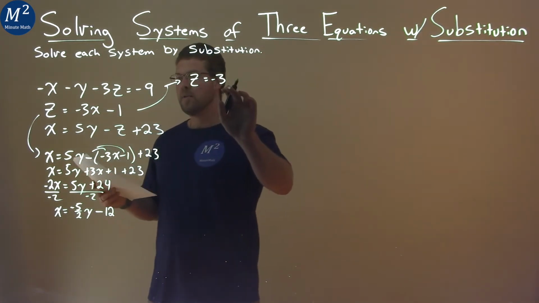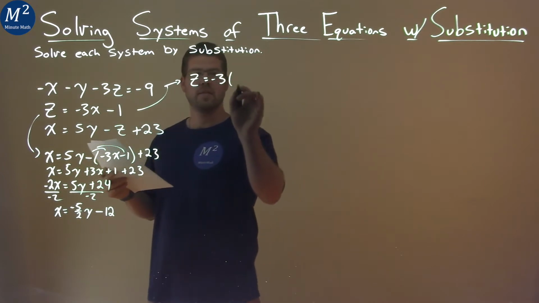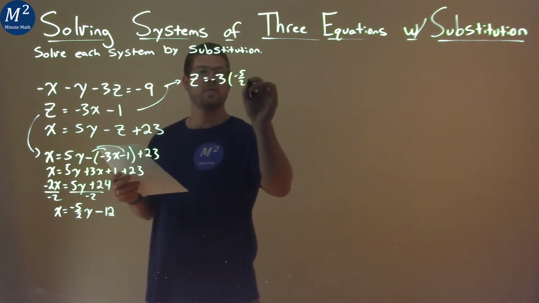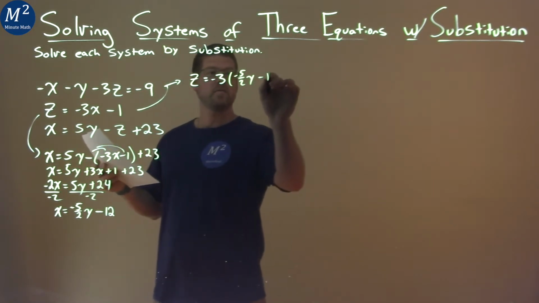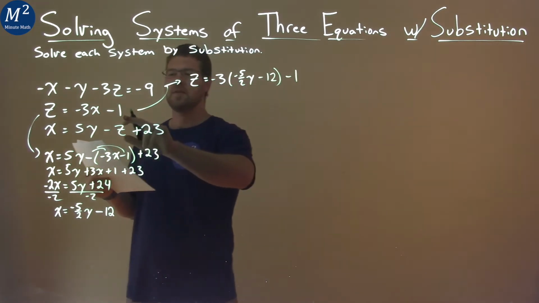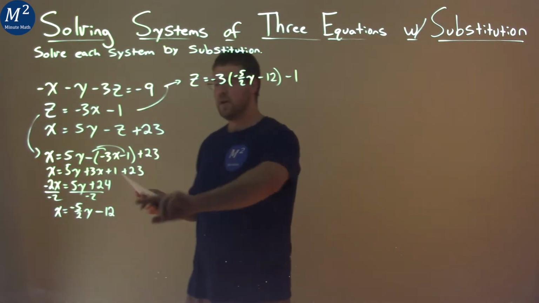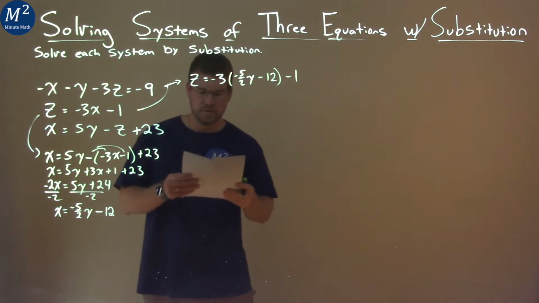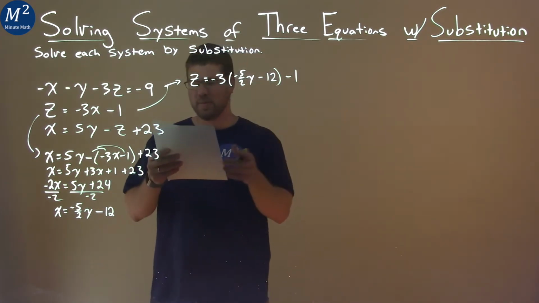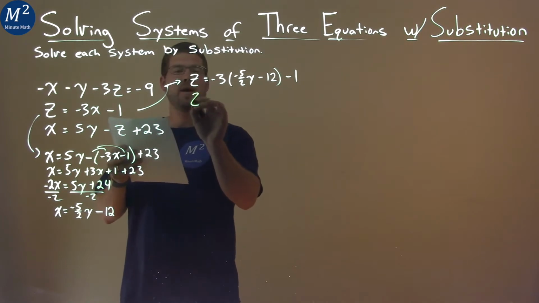So negative 3 is right in front of the x, and then instead of x, I'm putting this negative 5 halves y minus 12 in. Then we have a minus 1. So see how it's the same equation here, but instead of x, I have what I've also found, x in terms of y. Now we want to simplify this. Well, z is by itself again.